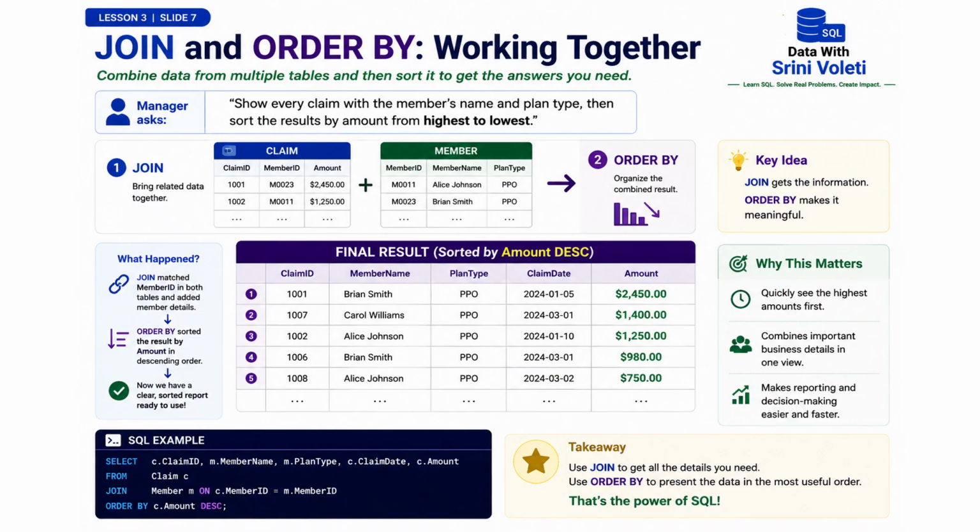This is a common pattern in real world reporting, because business information is rarely stored in just one table. We often combine data from several related tables and organize the result to answer specific business questions. Think of join as gathering the information and order by as organizing it so people can understand it quickly.